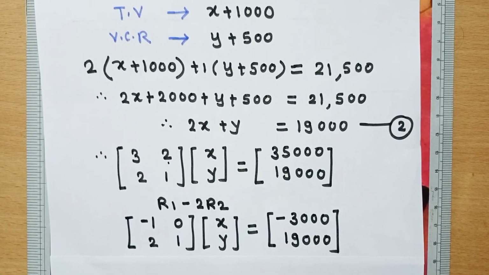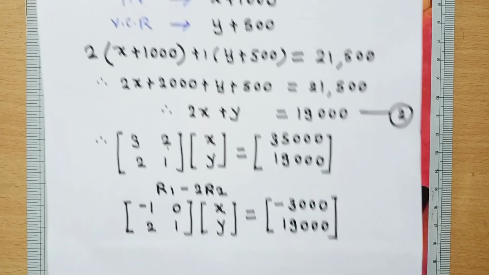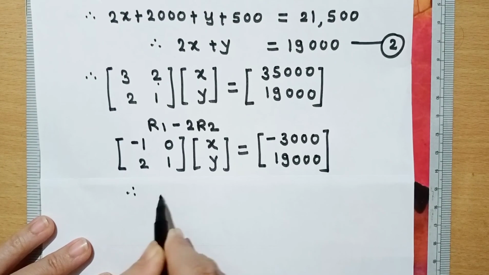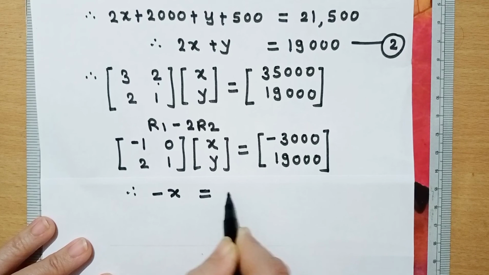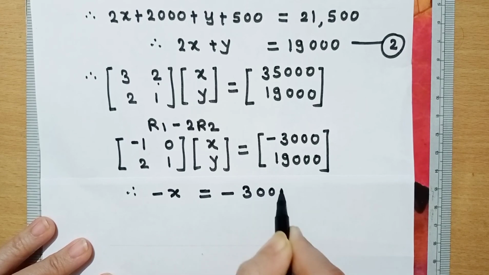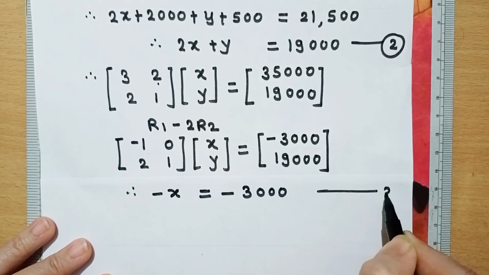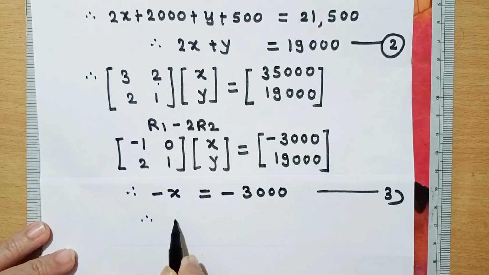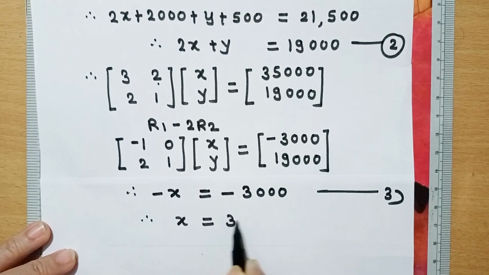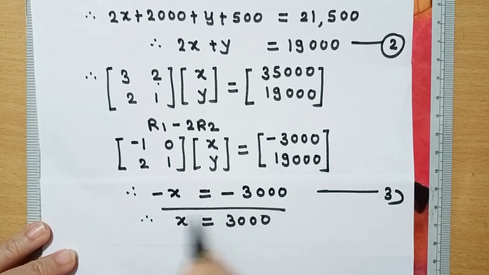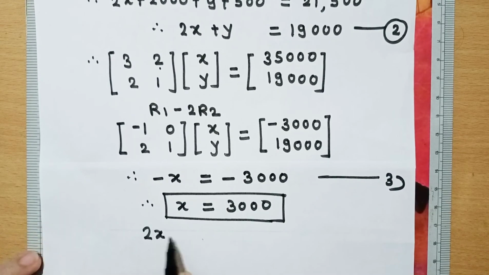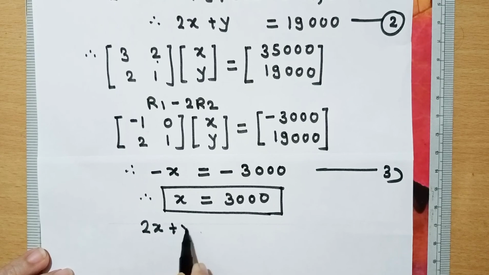Now write down the linear equations. Therefore, minus x is equal to minus 3,000. See, this is the third one, and therefore x is equal to 3,000. This is the cost of each TV set. So the second equation is 2x plus y is equal to 19,000.